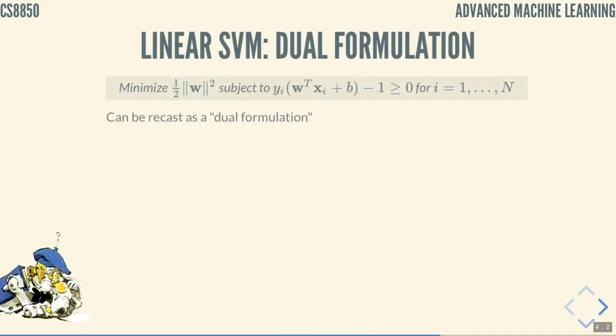First, let's once again recall the primal. The primal formulation: we need to minimize the norm of the normal vector to the separating hyperplane, subject to the following constraint, basically that everything is classified correctly. Now it can be recast as a dual formulation.